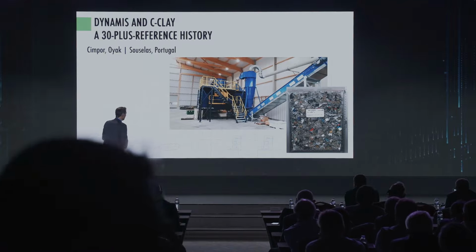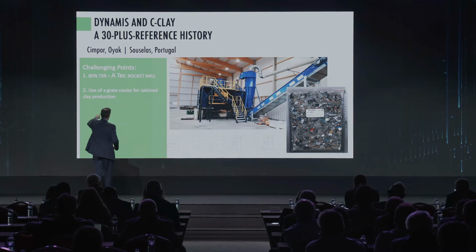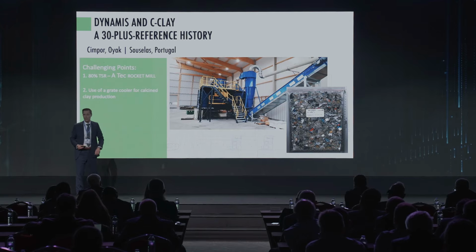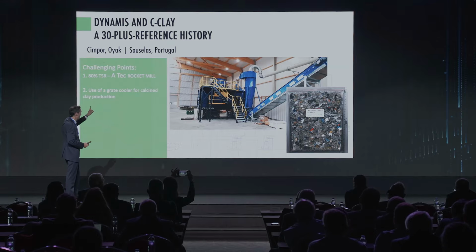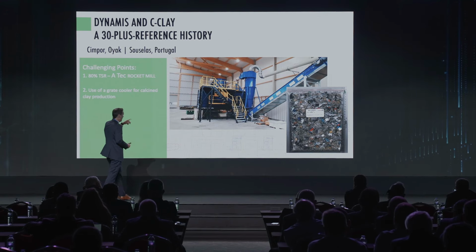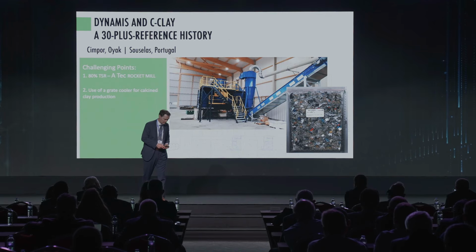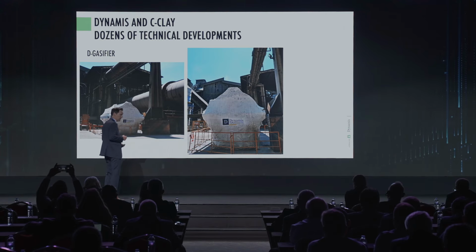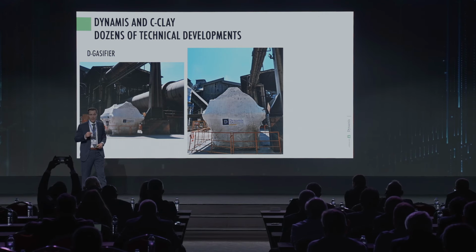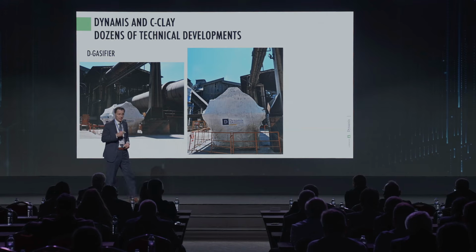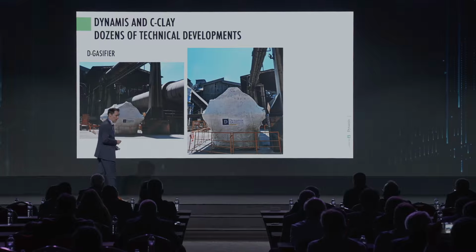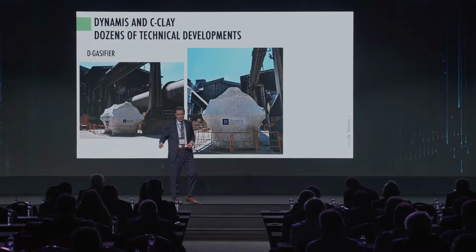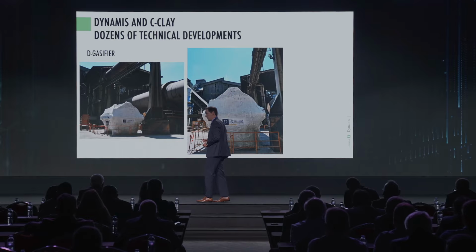And the other very important topic is that we will achieve 80% thermal substitution rate. And to achieve that, we will have this rocket mill from ATEC. So at Dynamis, as I mentioned, calcined clay has several meanings. At Dynamis, calcined clay also means dozens of technical developments. And the first one is this one, the degasifier.